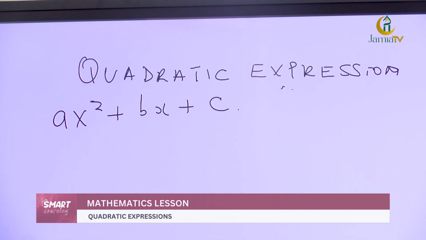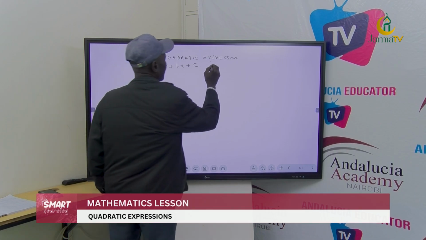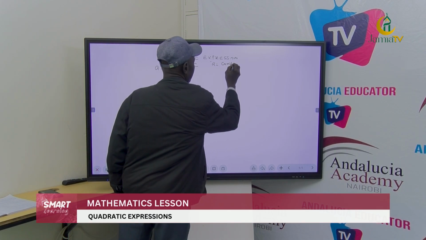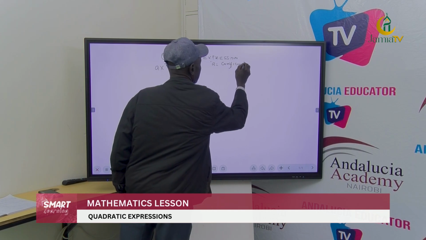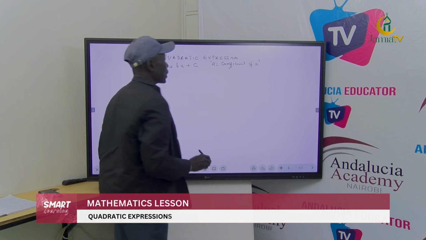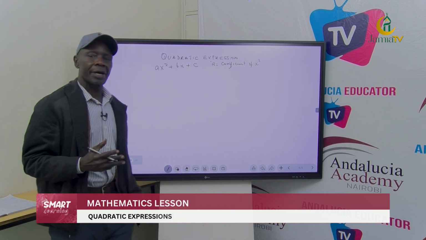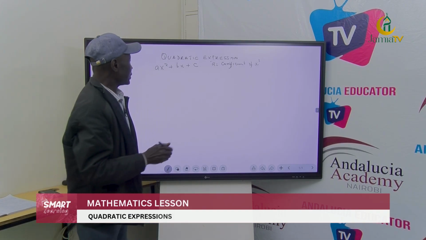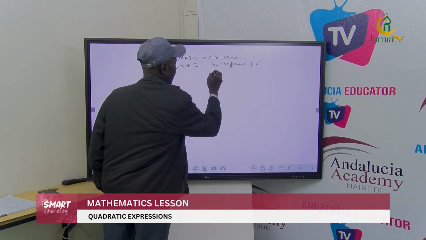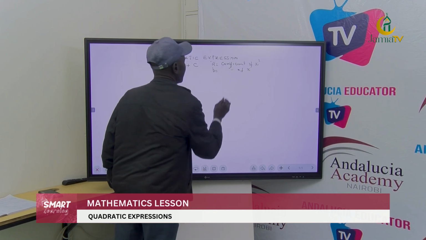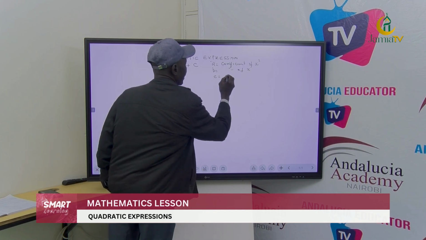Now, we said that our a is the coefficient of x squared. That means that is the number which is multiplying x squared. We also said b is the coefficient of x, and c is a constant.